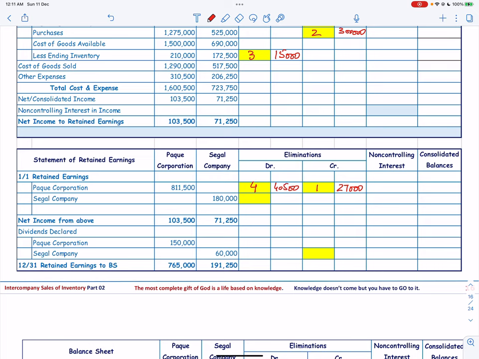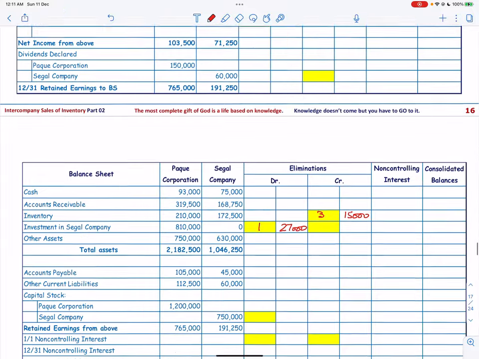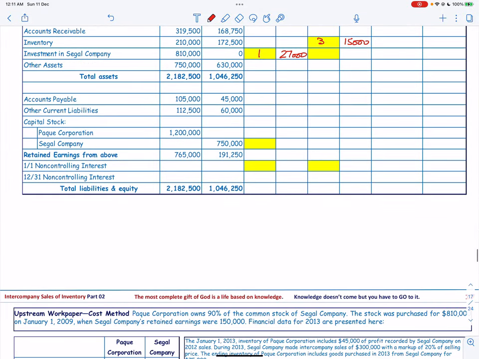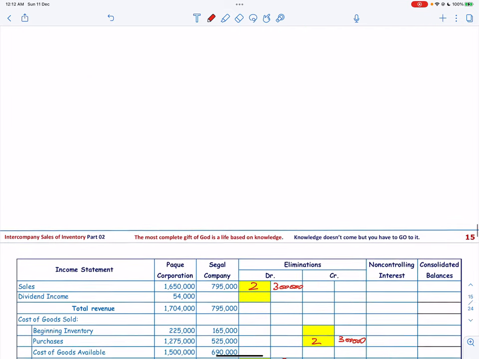And then we have the non-controlling interest, the beginning non-controlling interest of 4,500, that was debited by 4,500. So that is transaction number 3.